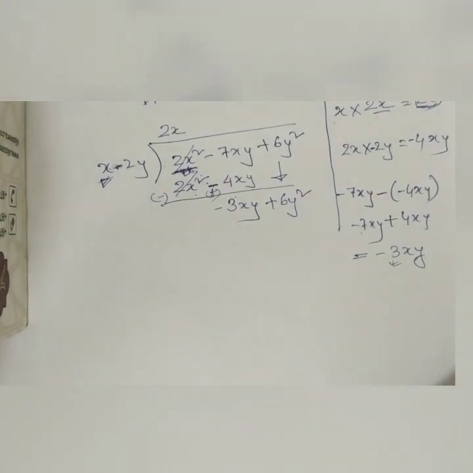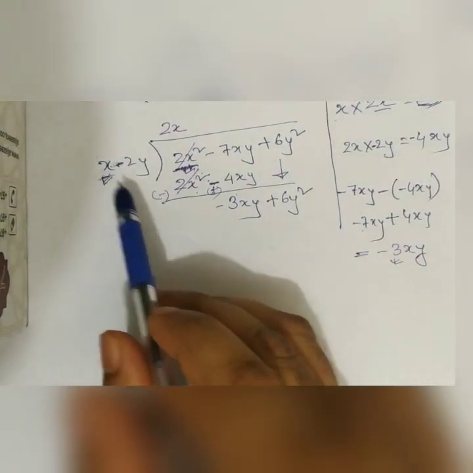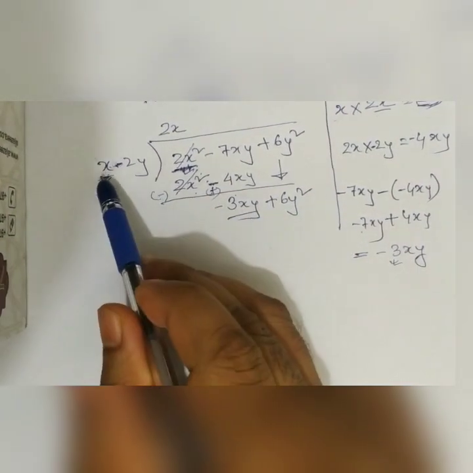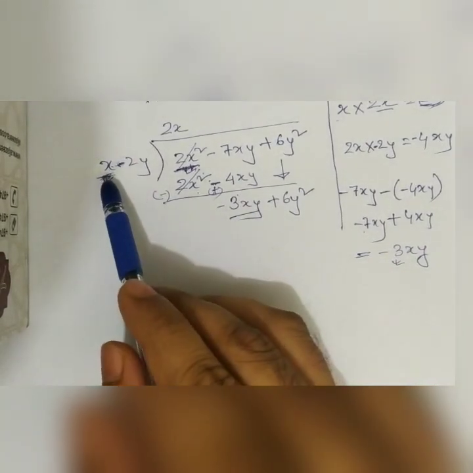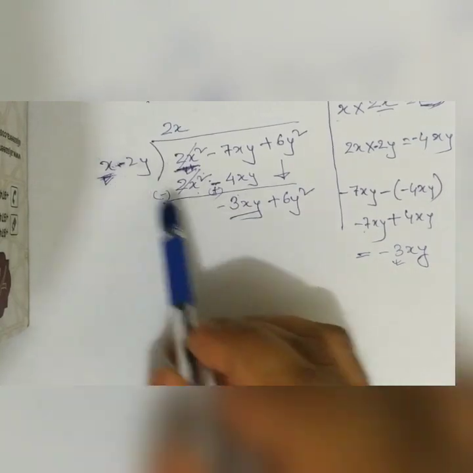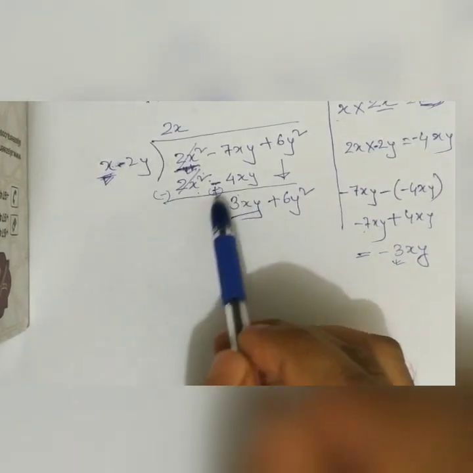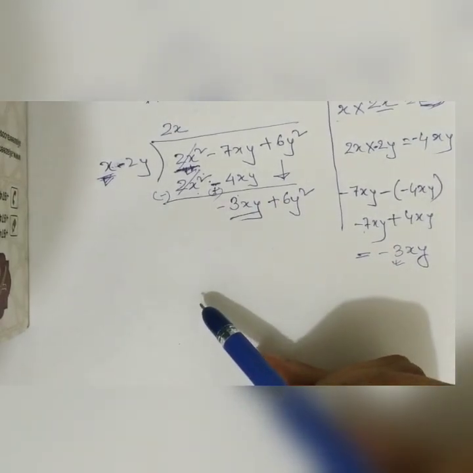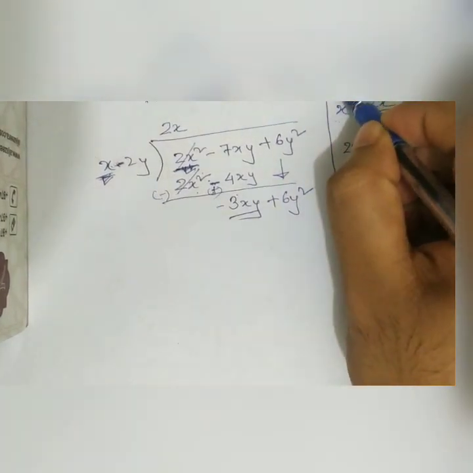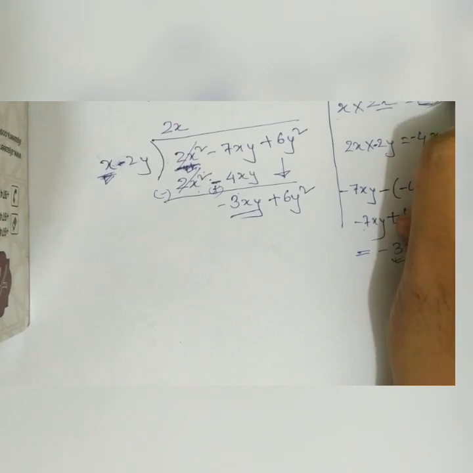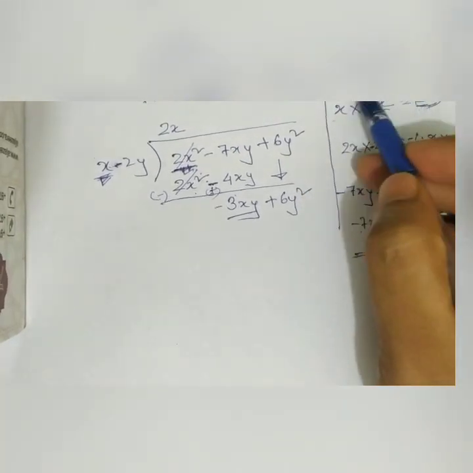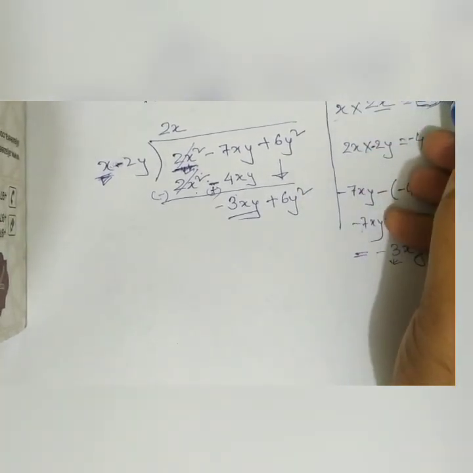Okay, now next thing, again we need to check this term and x. So what shall I multiply x with so that I get minus 3xy? So x into dash equals minus 3xy.